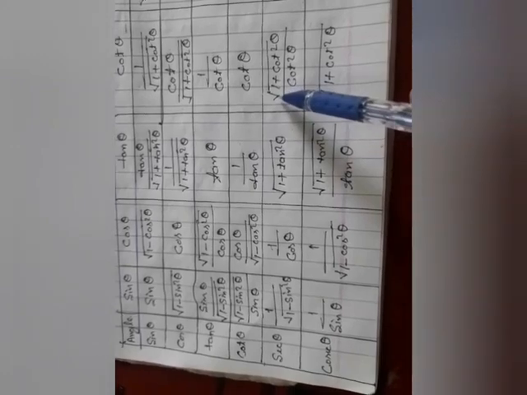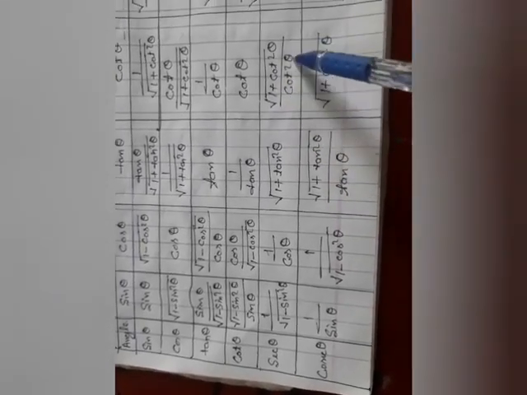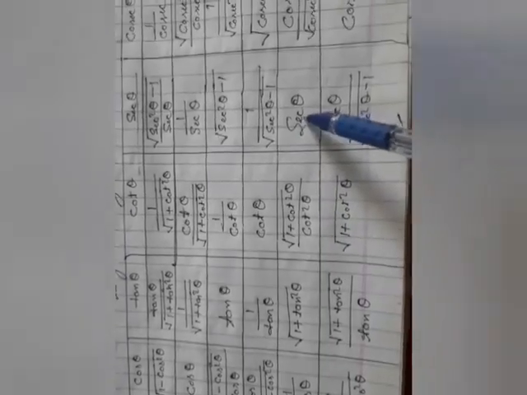Sec theta in the form of cos: 1 upon cos theta. Sec theta in the form of tan: under root 1 plus tan square theta. Sec theta in the form of cot theta: root 1 plus cot square theta upon cot theta. Sec theta in the form of sec theta is sec theta.